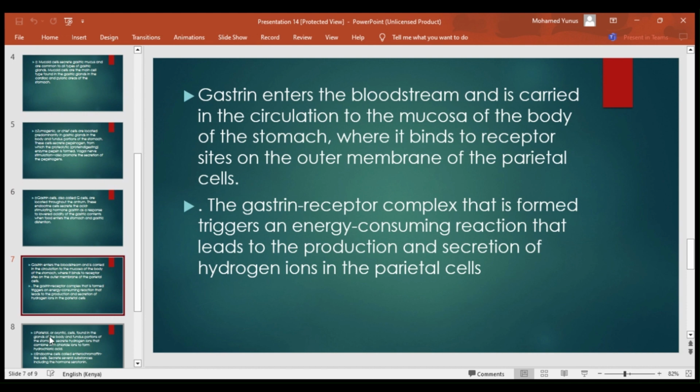Then gastrin enters the bloodstream and is carried in the circulation to the mucosa of the body of the stomach. When it binds to the receptor site on the outer membrane of the parietal cell, the gastrin receptor complex that is formed triggers an energy consuming reaction that leads to the production and secretion of hydrogen ions in the parietal cell.